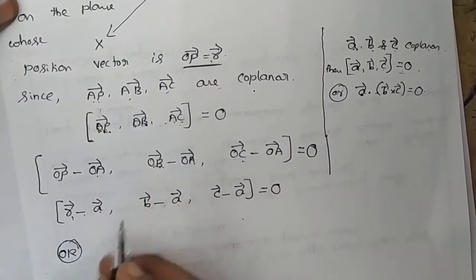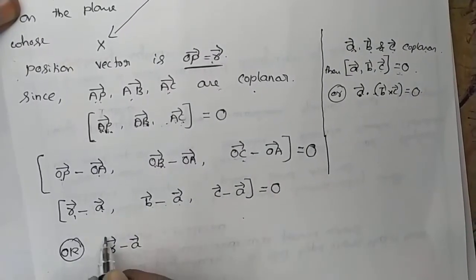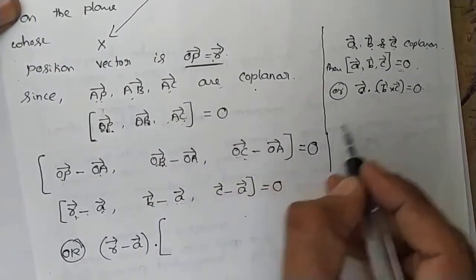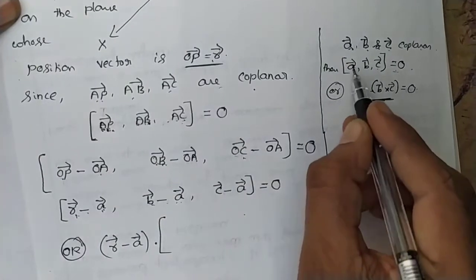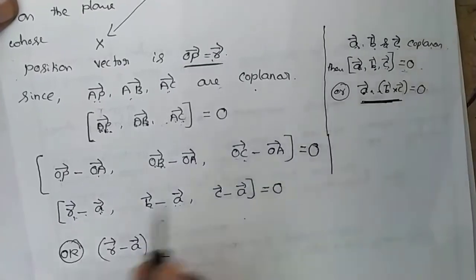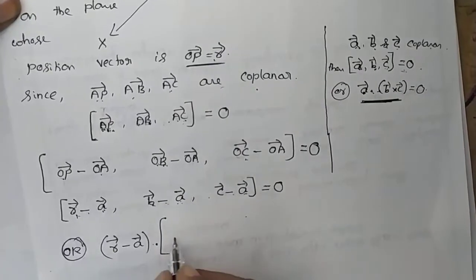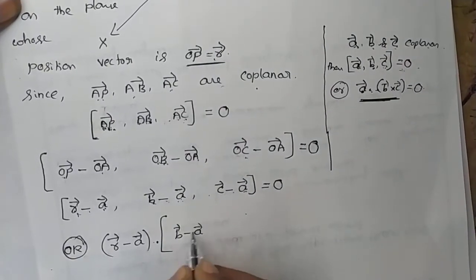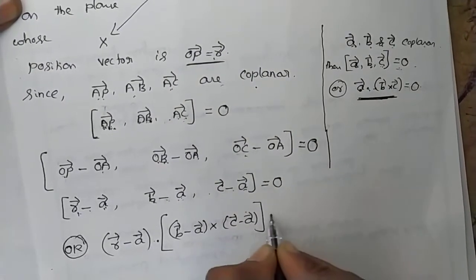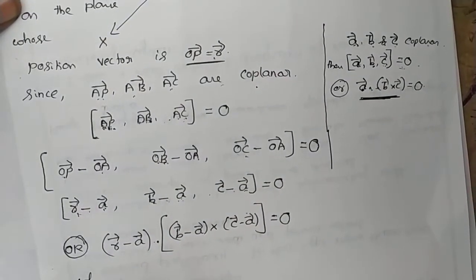You just see this, [A, B, C] is nothing but A dot B cross C. Similarly, (R minus A) dot (B minus A) cross (C minus A) equals 0, which is a vector form.